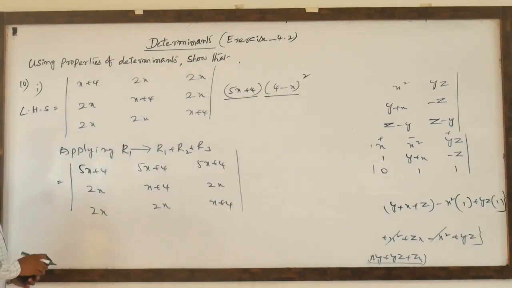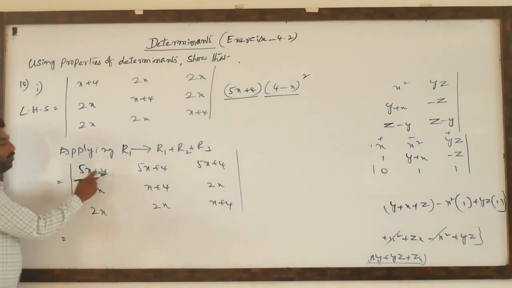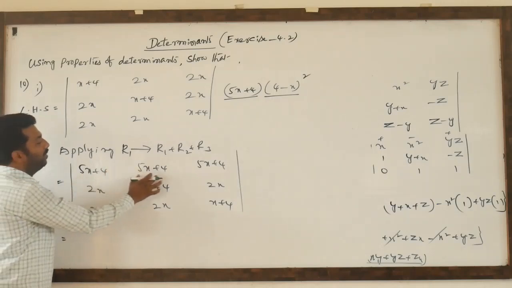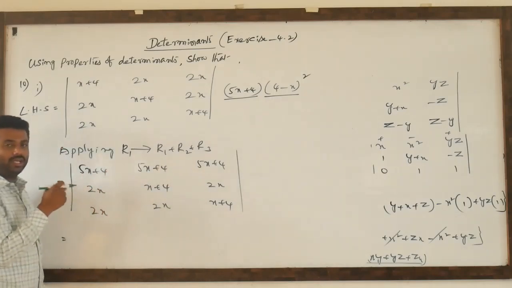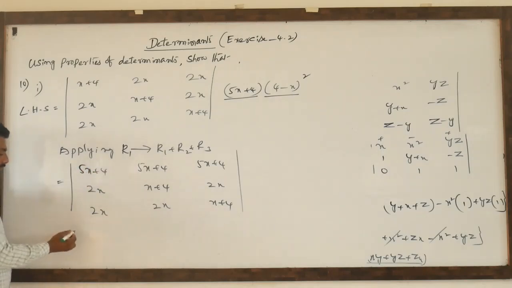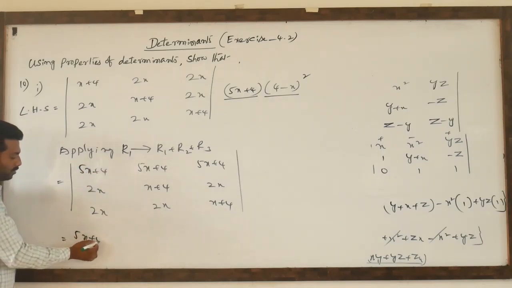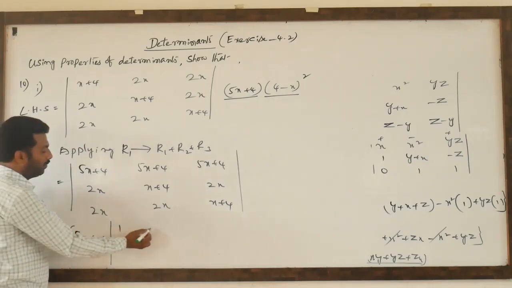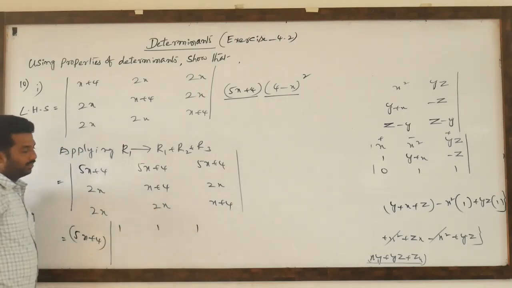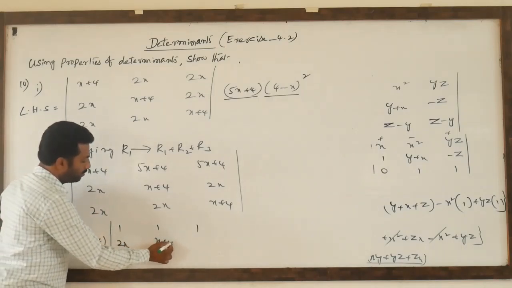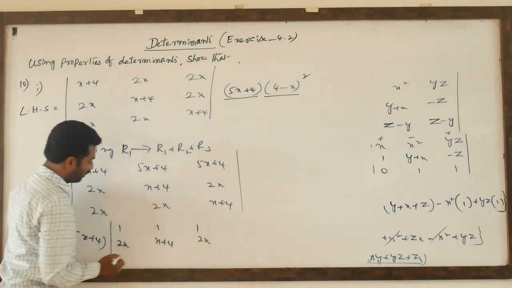Okay. Now 5x plus 4 we can take common. So according to property of determinant, any one element common is there in any row or any column, we can take out that element from the determinant. So 5x plus 4 determinant of, then what will be left? 1, 1, 1. Then this is 2x, x plus 4, 2x.